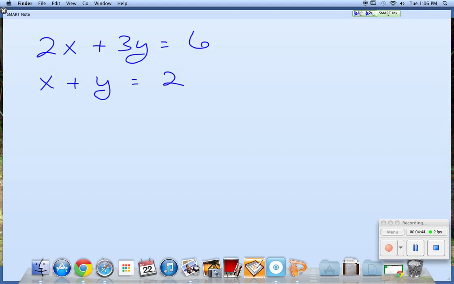Solve for one of the variables, the x or y, in one of the two equations, and then plug that back into the other equation, determine what x or y is, and then find the other one on the next pass when you put it back in. See if you can determine what x and y are.